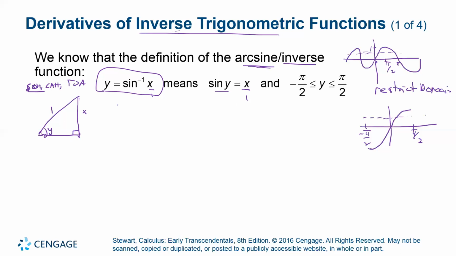Now, if you use c squared is equal to a squared plus b squared, then this side is going to be the square root of 1 minus x squared, because c is 1, so 1 is equal to x squared plus b squared, and you solve for b, you get that.